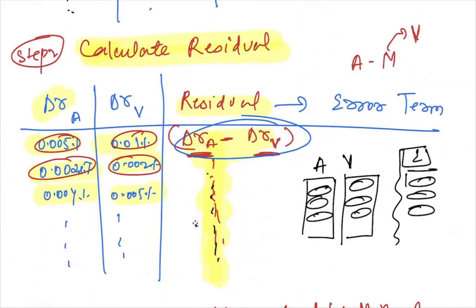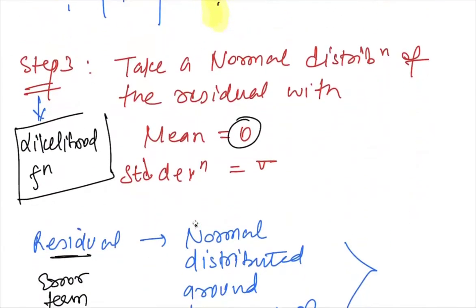Second step is, since you have already calculated the change in interest rate, calculate the error term, through the actual data and through the Vasicek model data. So then we get this error term. Step 3 was take the normal distribution of this error. What we are trying to say is we want to minimize this error. What is the minimum value that the error should take? It should be 0.